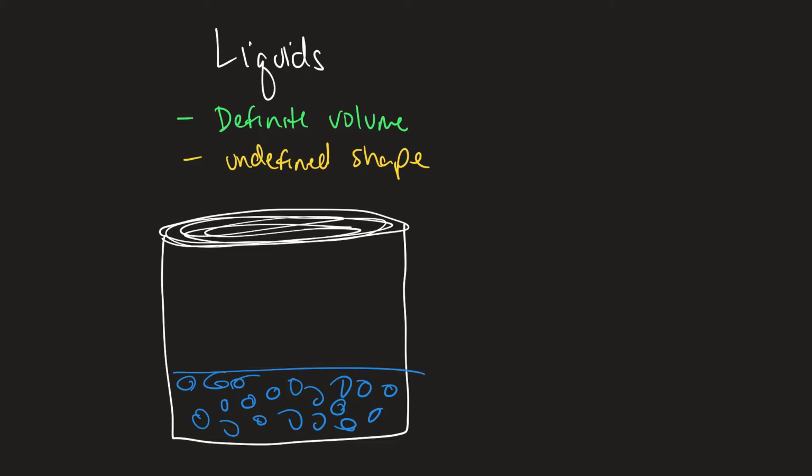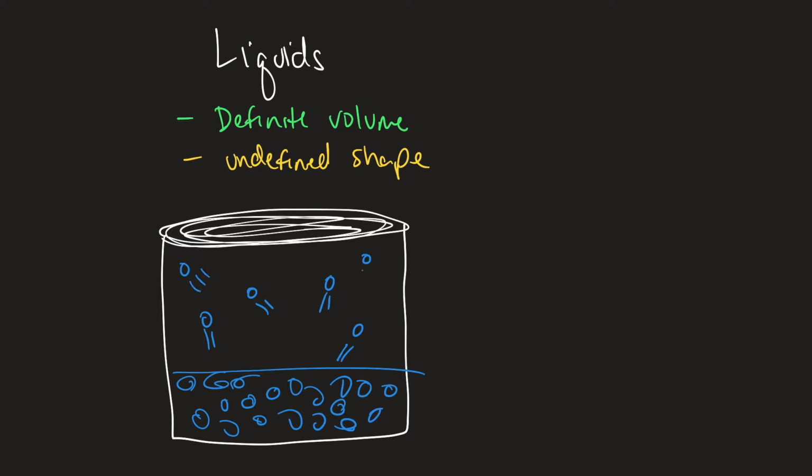Now individual molecules are all in constant motion in the liquid state. And so if a particular molecule within the liquid has enough energy, it will be able to break away from all the intermolecular forces containing it in its liquid state, and it'll be able to free itself into its gaseous state.